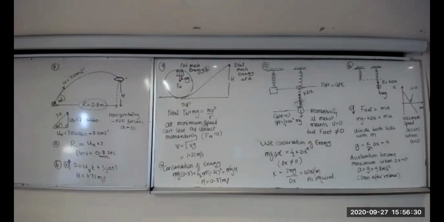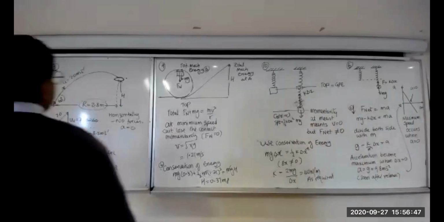Maximum speed occurs when a equals 0. That's soon after the release. You don't need the graph for the question, but I'm saying that.